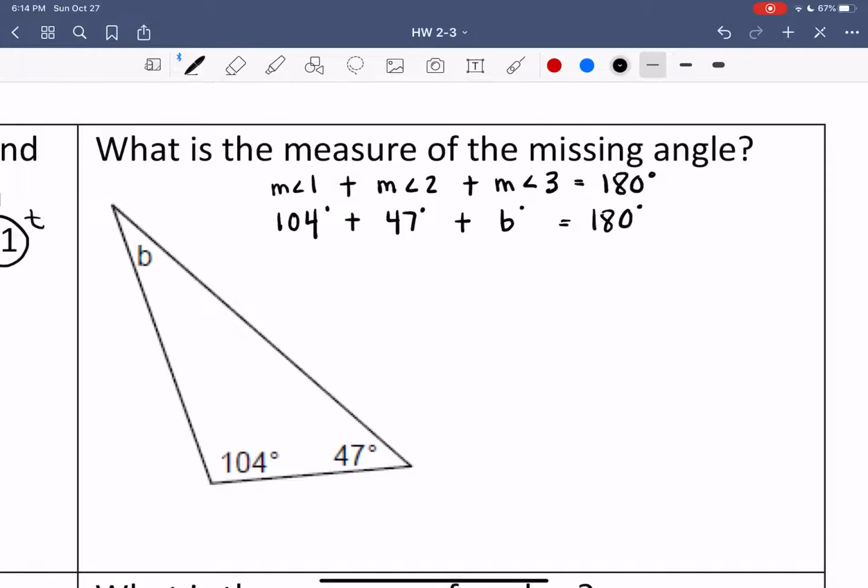So we can combine our like terms. So we're going to combine these two in order to find our 104 plus 47. 4 and 7, that would be 11, 5, and 1.